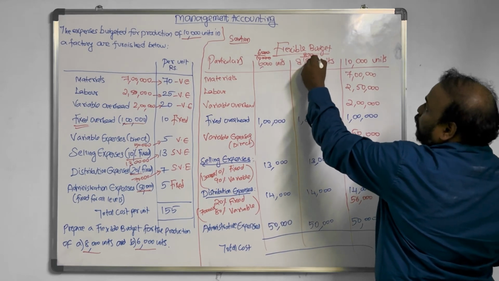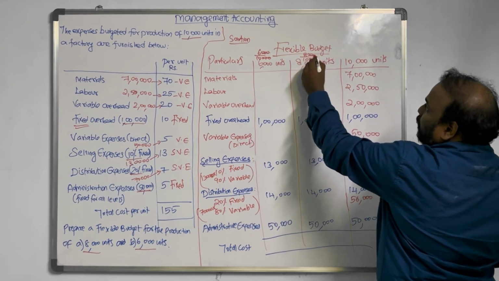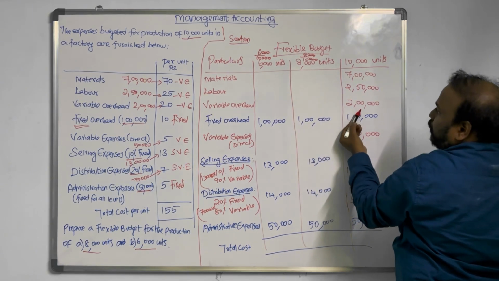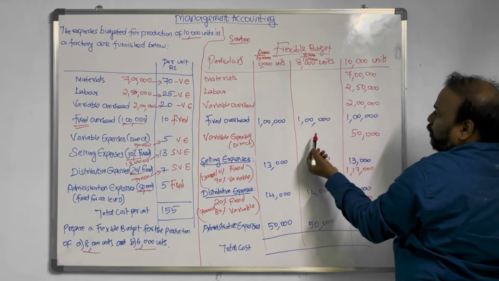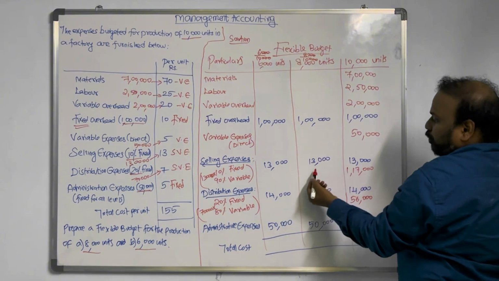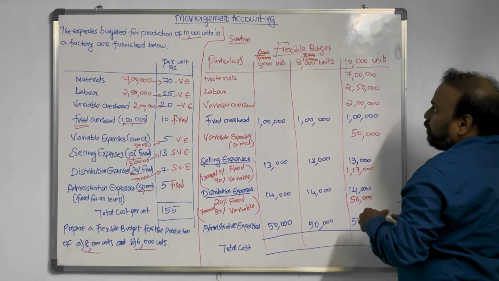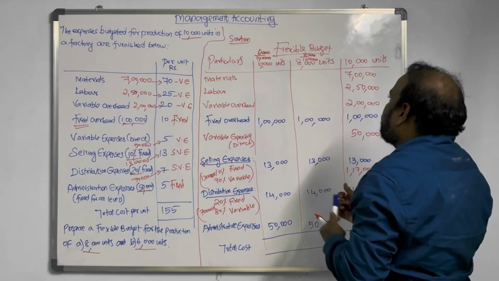Likewise, 8,000 by 10,000 becomes 8 by 10, applied to the same items. After that, if you add the total, you will be getting the answer.